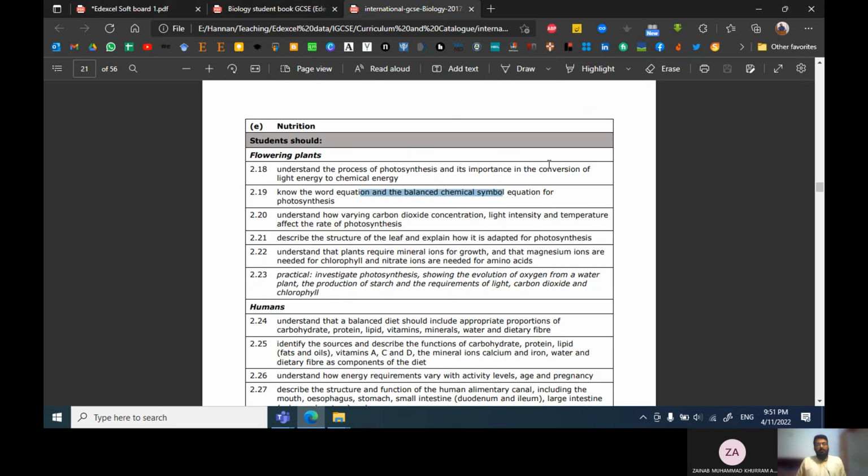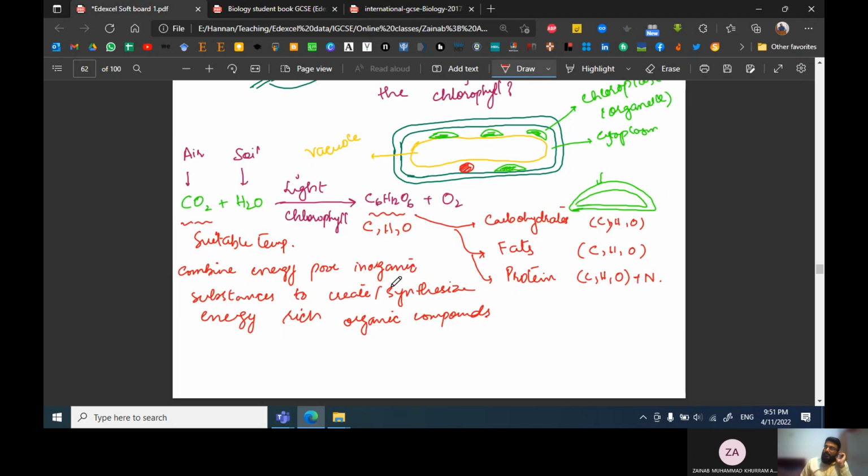We are actually meant to understand what would happen to the photosynthesis if we vary the amount of carbon dioxide, the amount of light, and the amount of temperature. Didn't I tell you in this lesson that if the right things are properly provided, then the photosynthesis would occur?